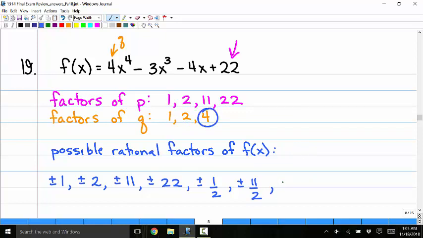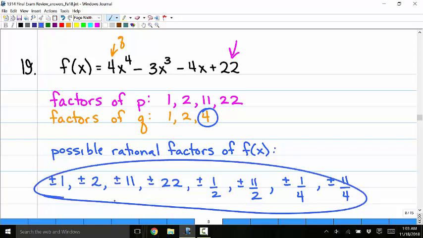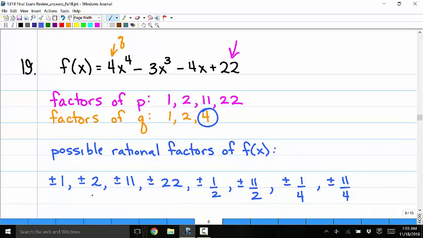I get plus or minus 1/4, plus or minus 2/4, I already have it, plus or minus 11/4, and plus or minus 22/4, I already have. So all the possible rational factors of f would be from this list.